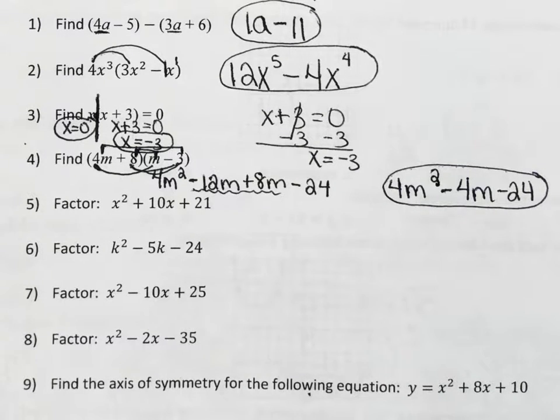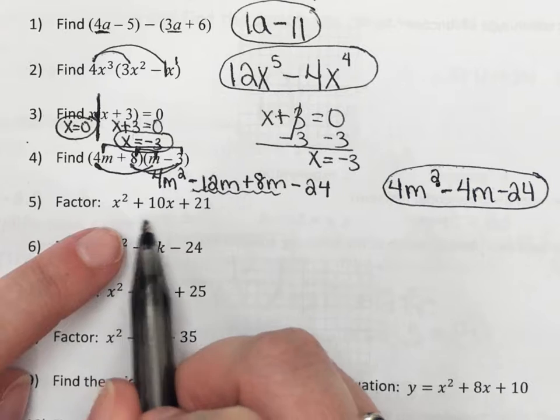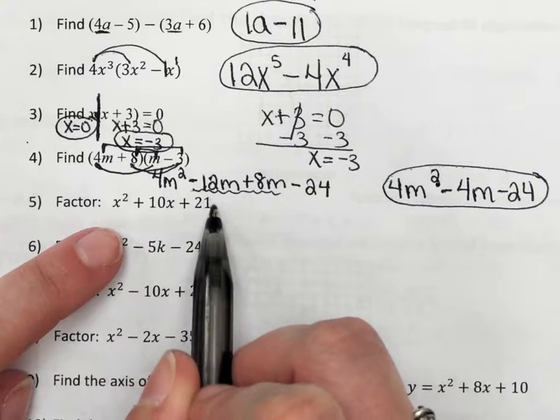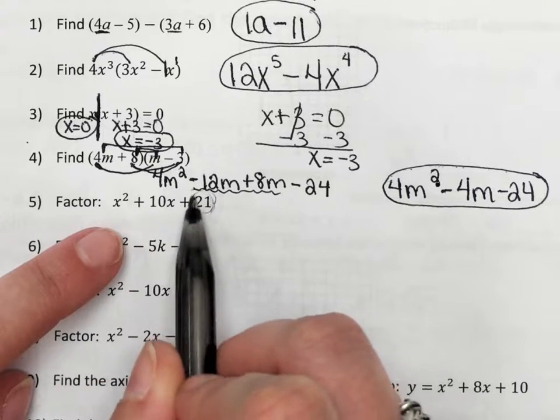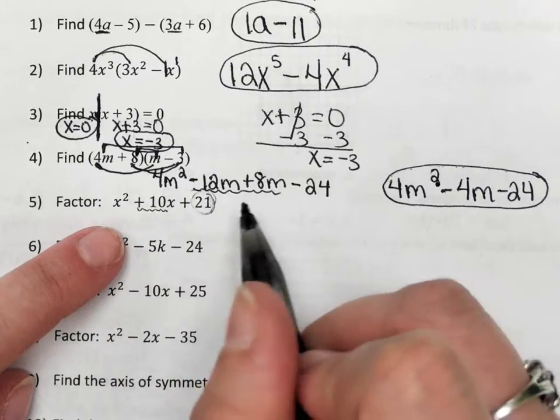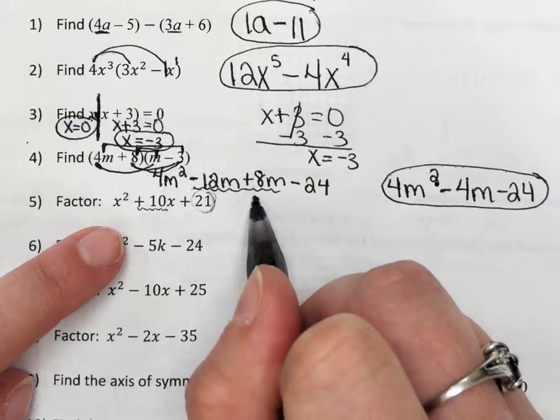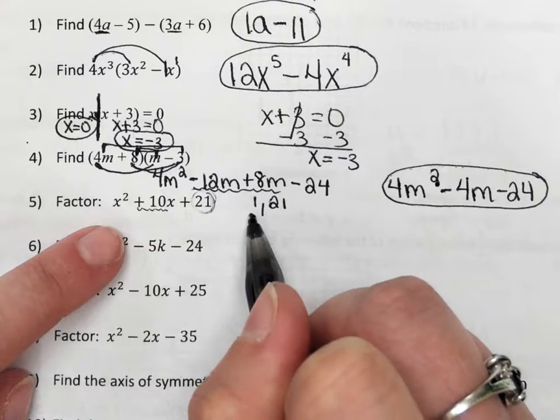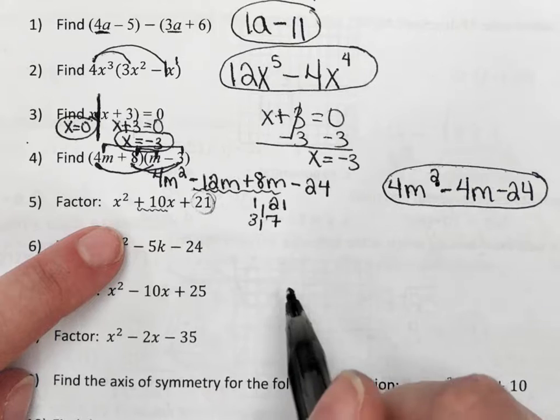Okay, factoring. We spent a whole quarter, all third quarter, on factoring, right? Okay, so right here, factors of what number? 21 that add or subtract to be 10. All right, so what are the factors of 21? What numbers multiply to be 21? 1 and 21, 3 and 7.